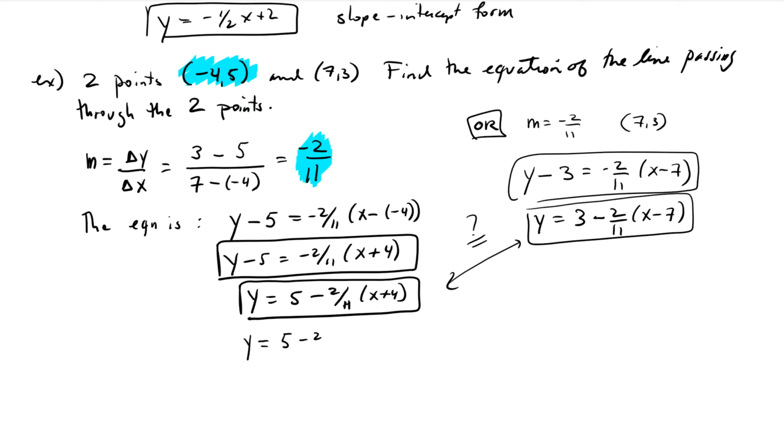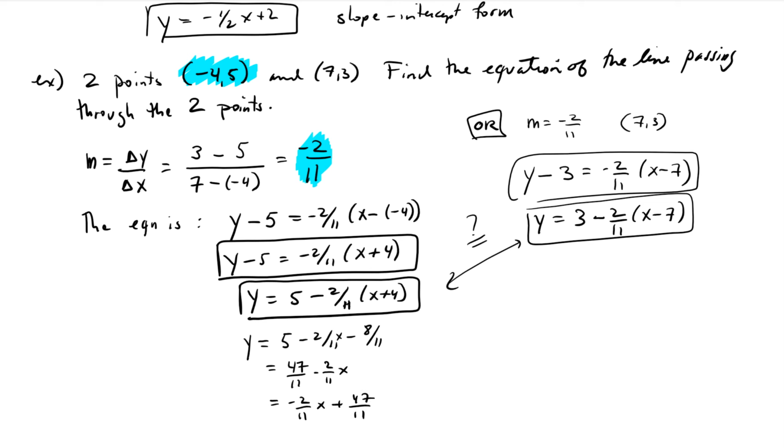I get 5 minus 2 over 11 minus 8 over 11. 5 is 55 over 11 minus 8. That's 47 over 11. Missing an x here. Minus 2 over 11x. In the form mx plus b, it's this plus 47 over 11.